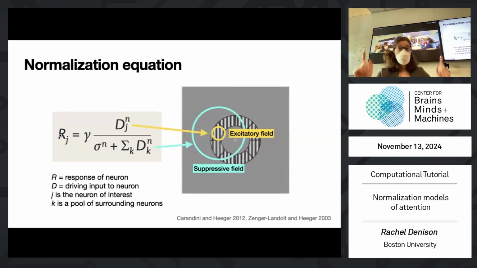It's going up. Okay, good, because there's less in the suppressive field. Great. Everyone happy with this question? Any questions about it? Okay. So boom, and then it looks like more contrast. Incredible. Okay, so this is the normalization equation. It's very simple.